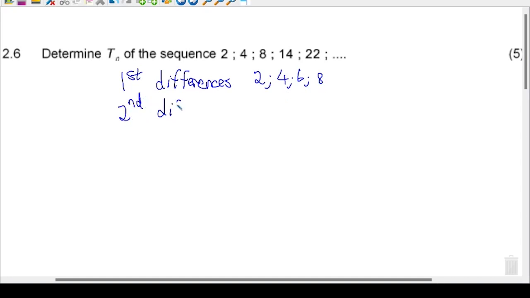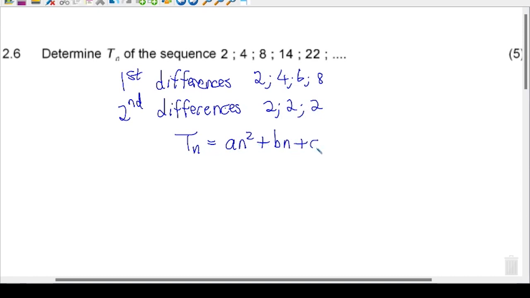Now we're going to look at the second differences, which is the differences between the first differences. All right, so 4 minus 2 gives us 2. 6 minus 4 gives us 2. 8 minus 6 gives us 2. Because we've got a constant second difference, we know that we are dealing with a quadratic sequence. And we get given this little formula, Tn is an squared plus bn plus c.